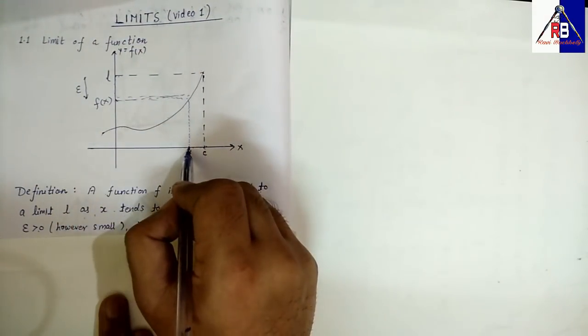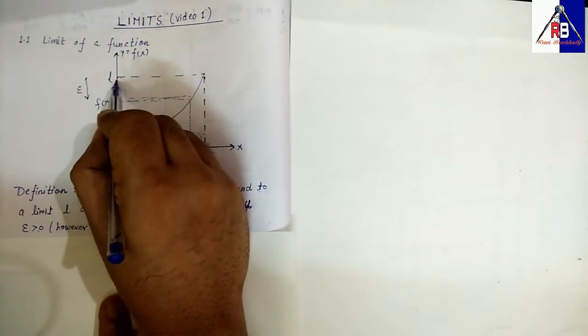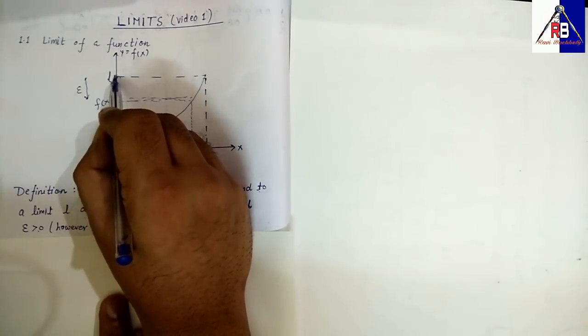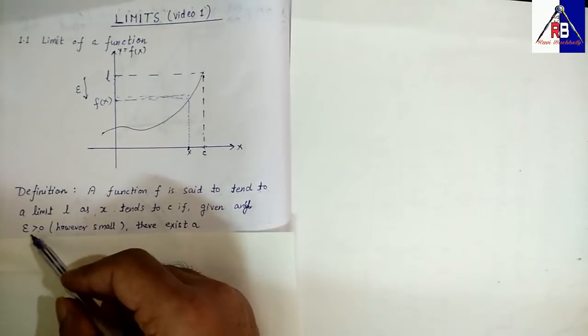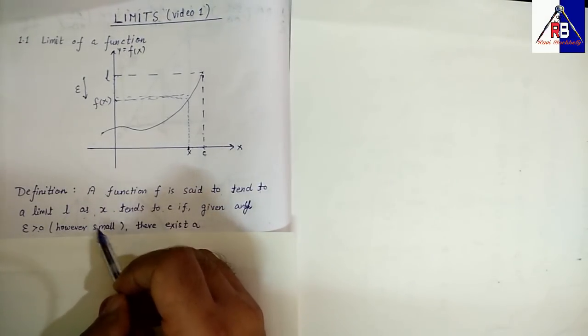You can see if x is very close to c, f(x) will be very close to L, and therefore the distance between L and f(x), or the difference between L and f(x), will be very small. This small difference is denoted by the symbol epsilon. Epsilon is always greater than 0, and it could be very small.